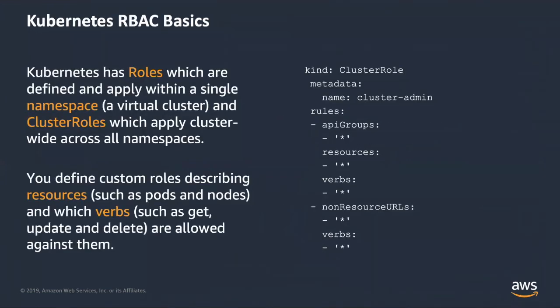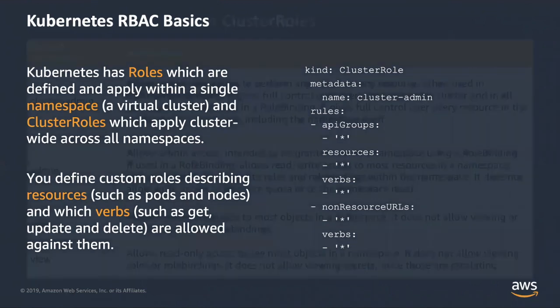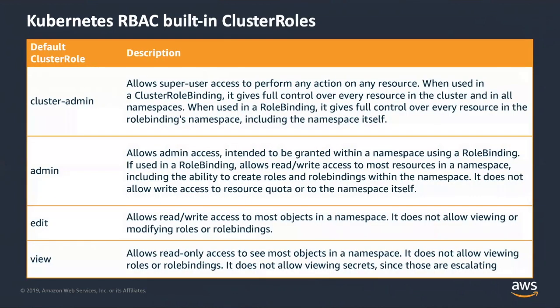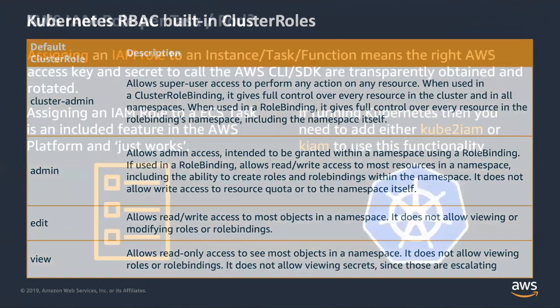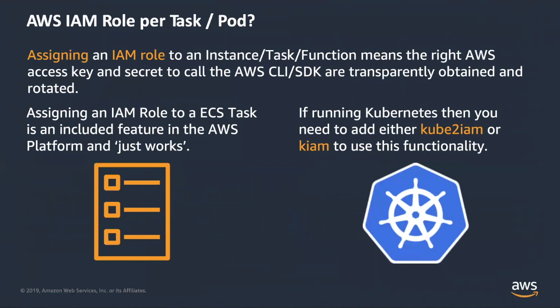Kubernetes RBAC roles don't look that far different to what you'd expect in IAM. You can define them yourselves, of course, but Kubernetes does come with some relatively broad-brush ones that a lot of people pick up, modify, and use as a baseline to develop from. In terms of assigning roles to tasks and pods, from an ECS perspective, you can just bind an IAM role to your underlying instance or to your container, and it'll just work.